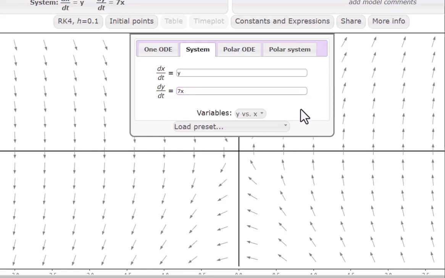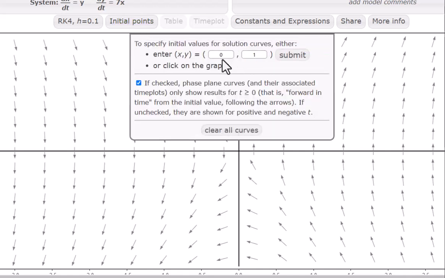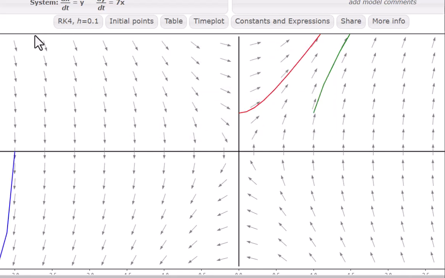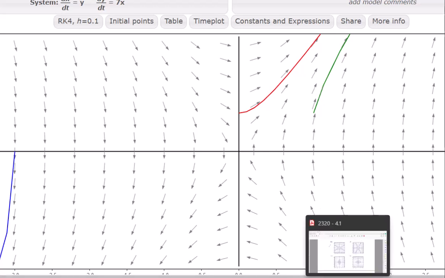Okay, so I've got what that looks like, and now you could pick some initial starting points and just hit submit. How about 1, 1, 1, minus 3, 0. And so if we look at that, then you can see what the initial starting points and their trajectories would actually look like.